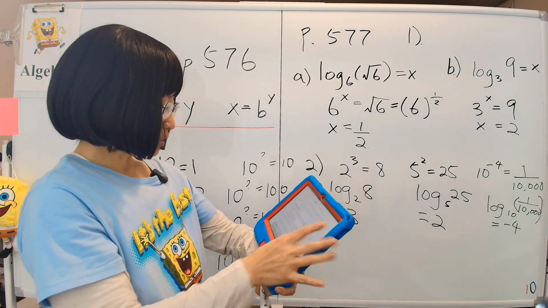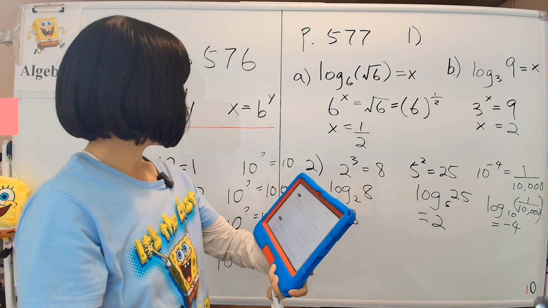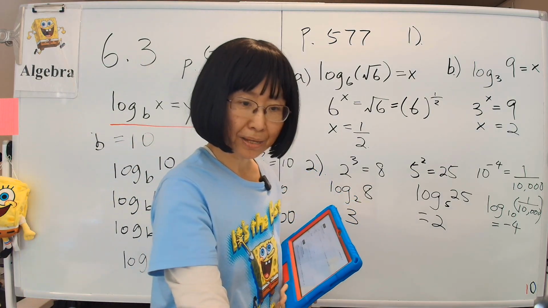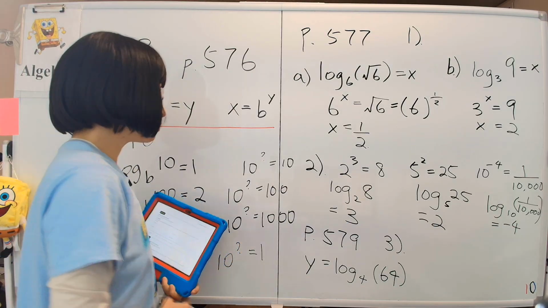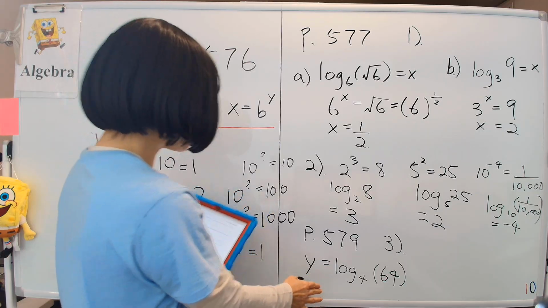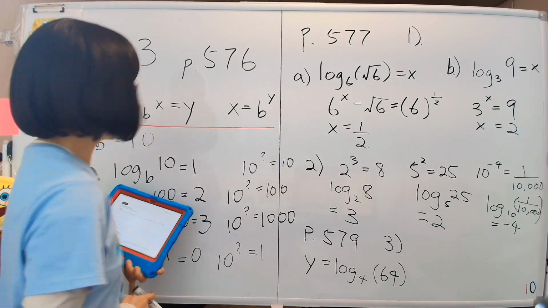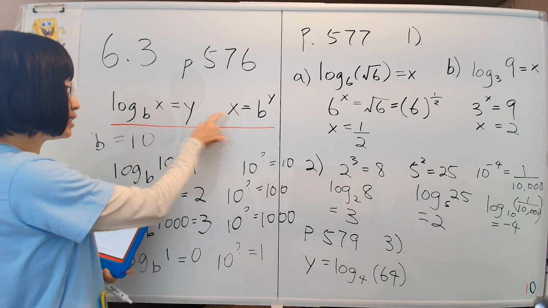Next, let's look at example 3, on the following page. Example 3 on page 579 says the problem is y equals log base 4 of 64. How would we calculate that? We just translate the log into this equation.